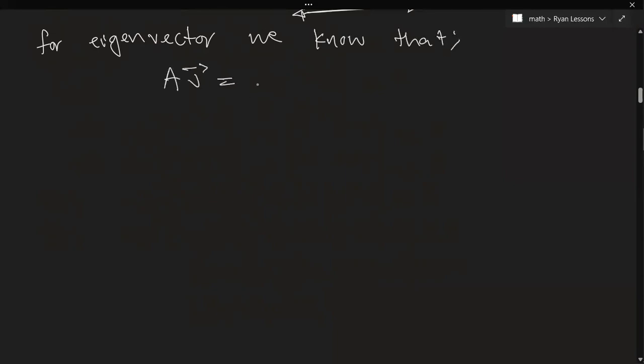Now that we have our eigenvalues, we know how exactly we can go about finding the eigenvectors. For eigenvectors, we know that AV equals lambda V. If a vector V is some eigenvector, it has to satisfy this condition.